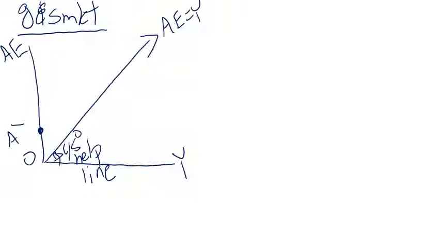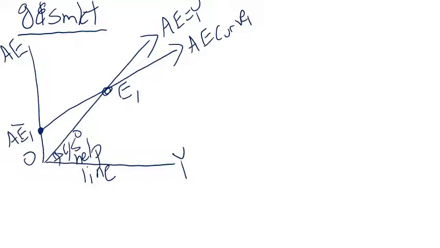Autonomous aggregate expenditures 1. Aggregate expenditure curve 1. This is the equilibrium. This is the equilibrium level of aggregate expenditures. And this is the equilibrium level of GDP.